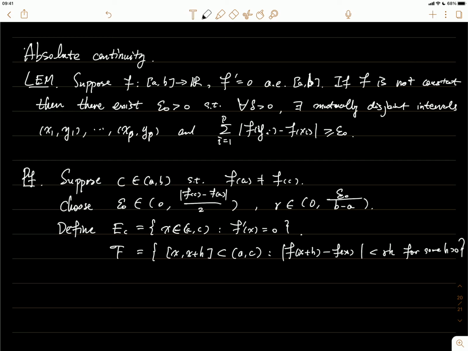If the interval x to x plus h satisfies this inequality for some h, then we can put it into this collection of sets, and this F is going to be a Vitali cover of this EC.